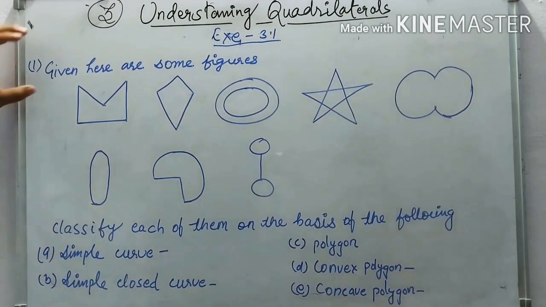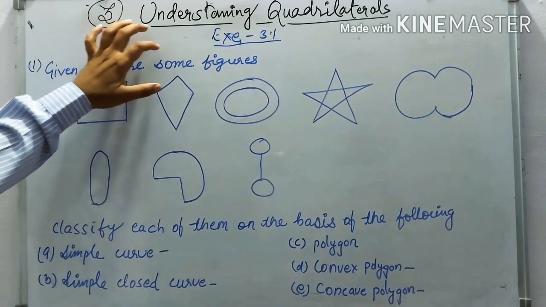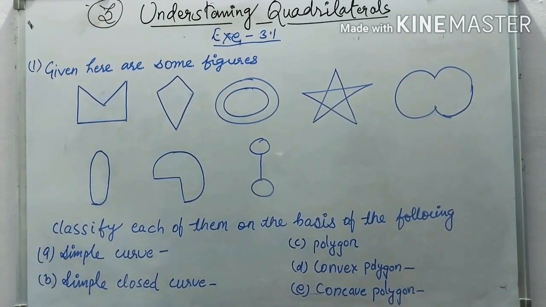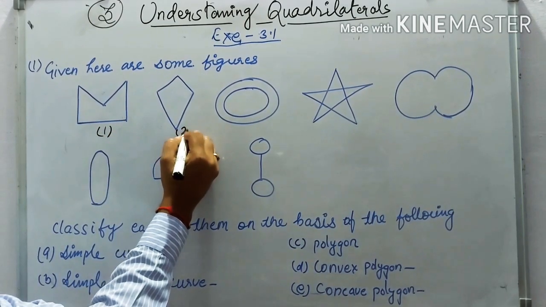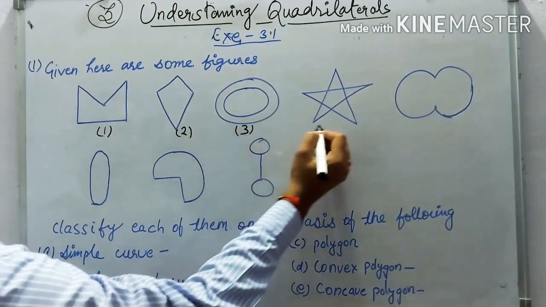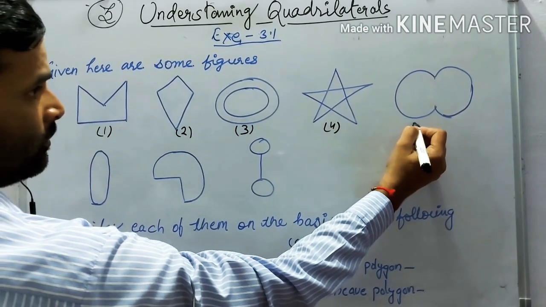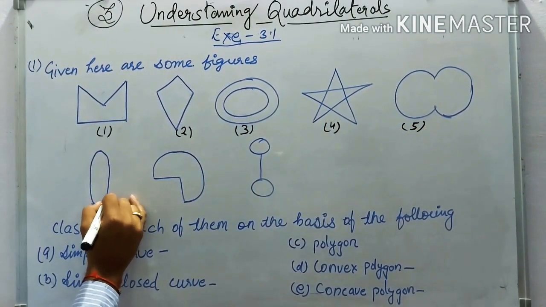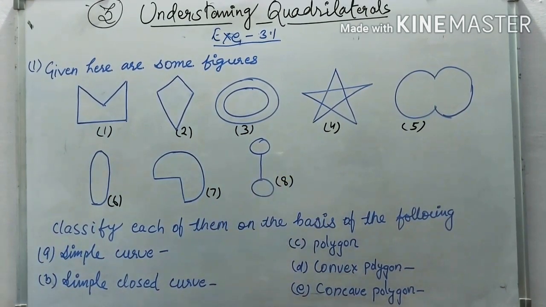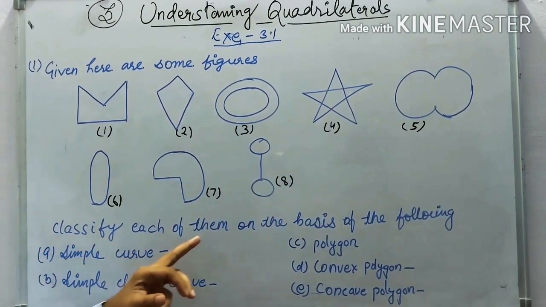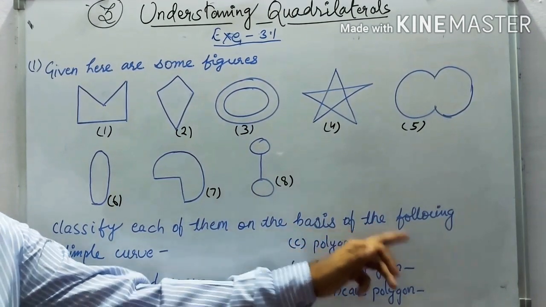First question: here are some figures, numbered 1, 2, 3, 4, 5, 6, 7 and 8, and classify each of them on the basis of the following.